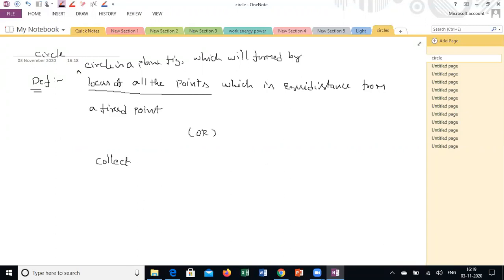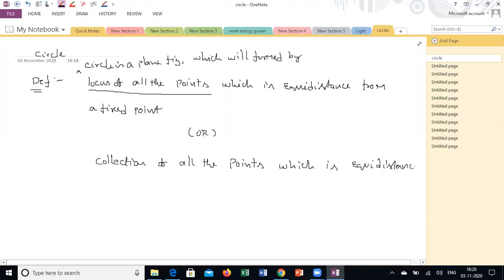Collection of all the points which are equidistant from a fixed point.